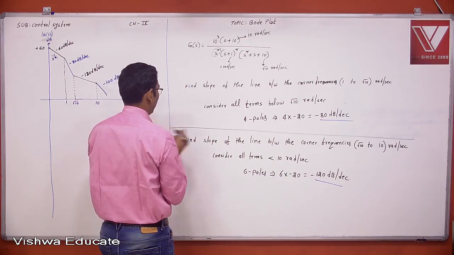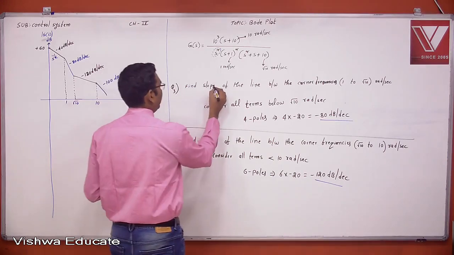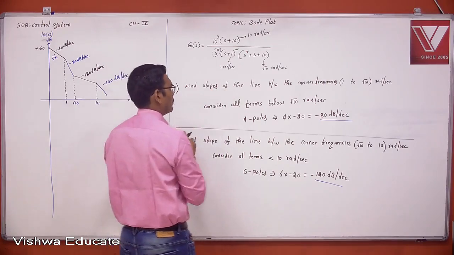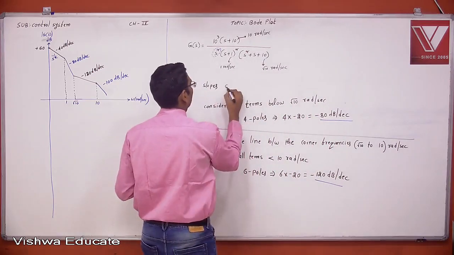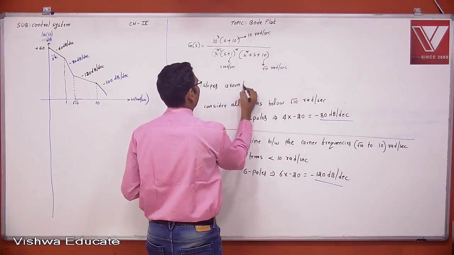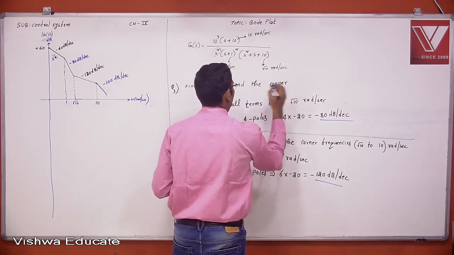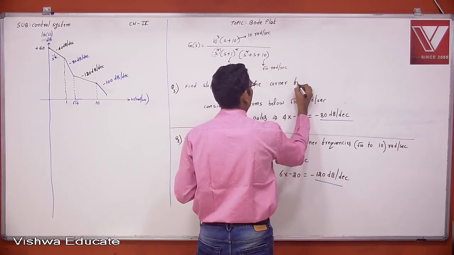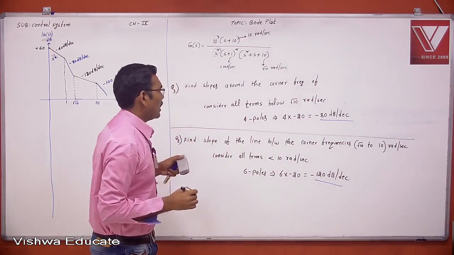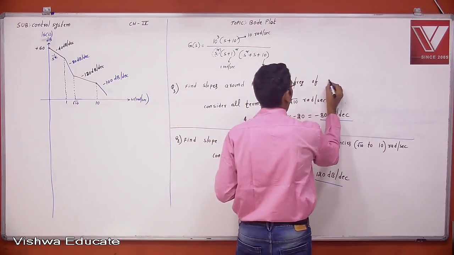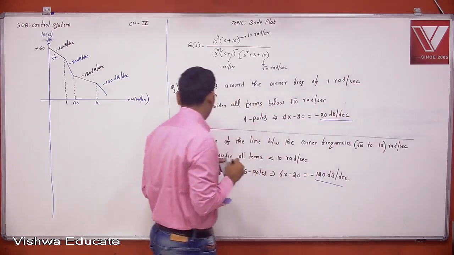Now I'll take another question. Find slopes around the corner frequency of 1 radians per second. And again one more question.